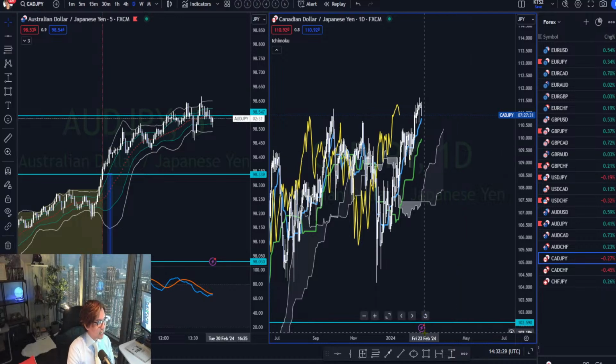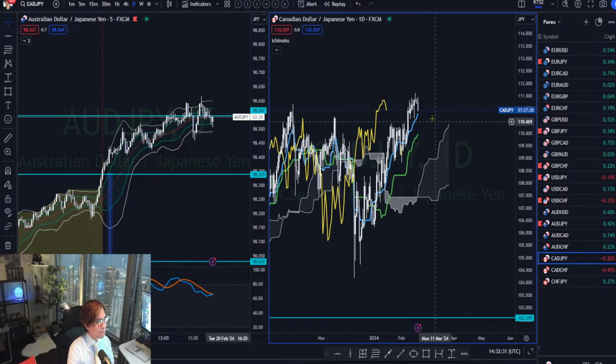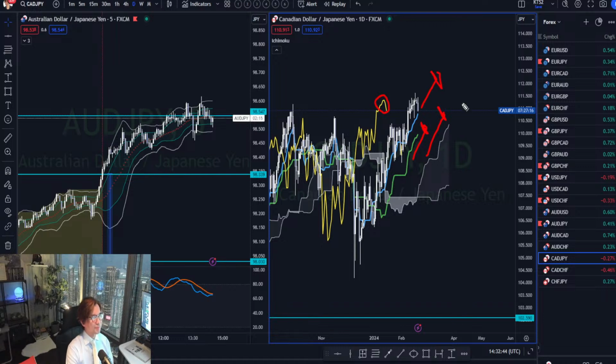Okay, now Senko span A is up and Kijun Sen is up, so it's bullish. And Tenkan Sen above Kijun Sen, Chikou span above the candles. Today is retracing, today is bearish, but overall it's still uptrend. So I mark red on this one too.